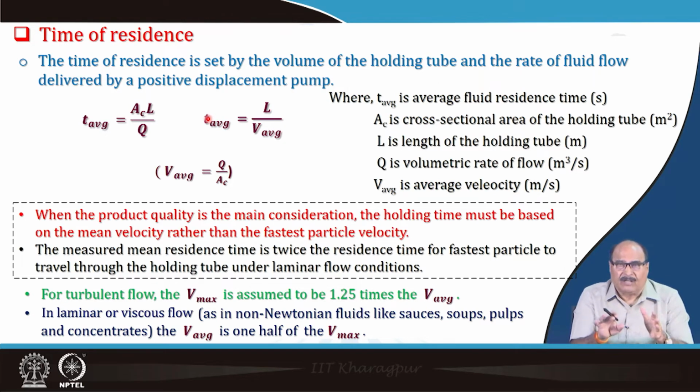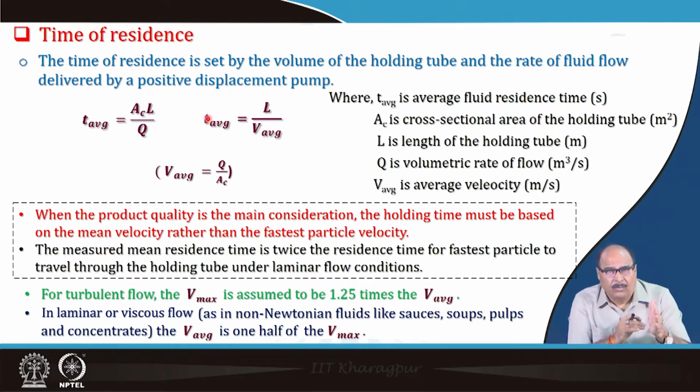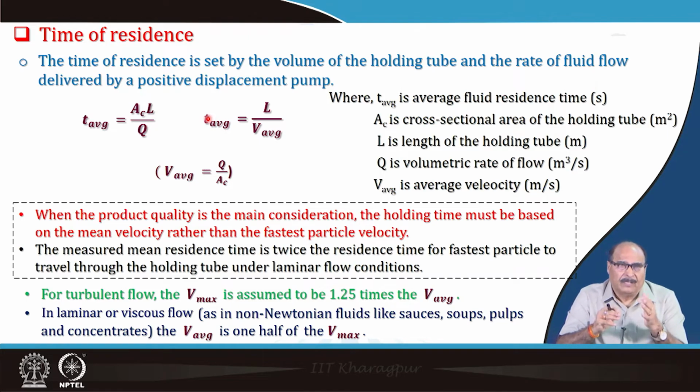Now, depending upon the fluid characteristics, the flow may be laminar flow, or turbulent flow, or viscous flow, etc. But normally laminar flow is very rare in the case of fruit juices, etc., unless it is a very clear and clarified juice.